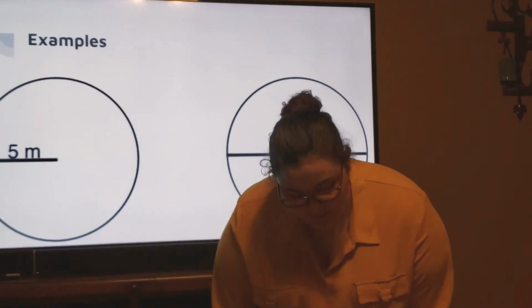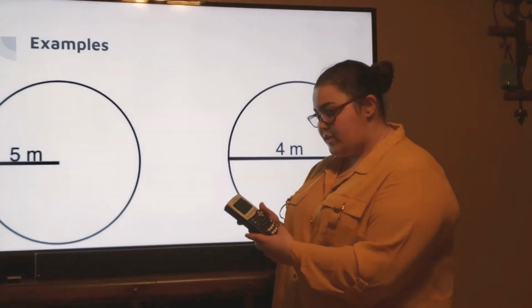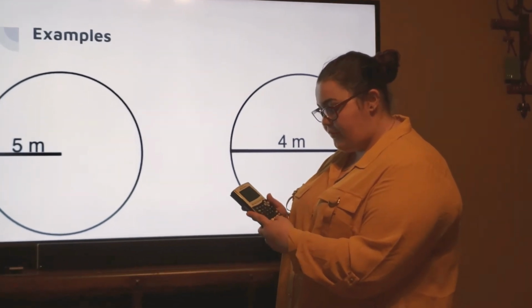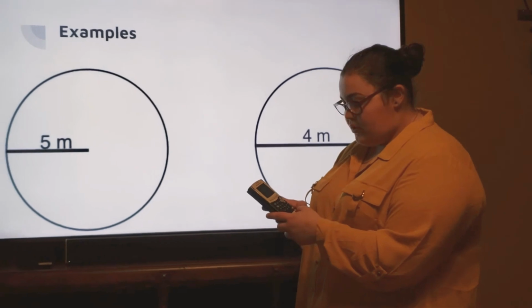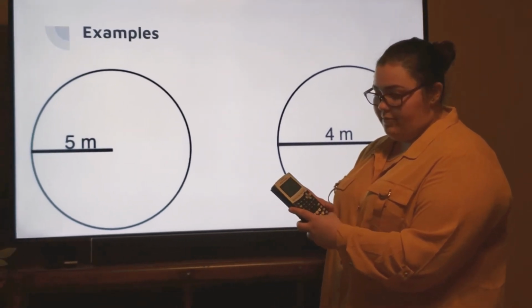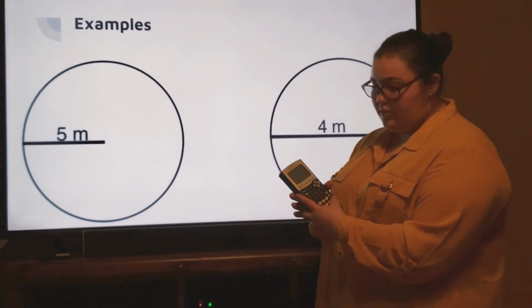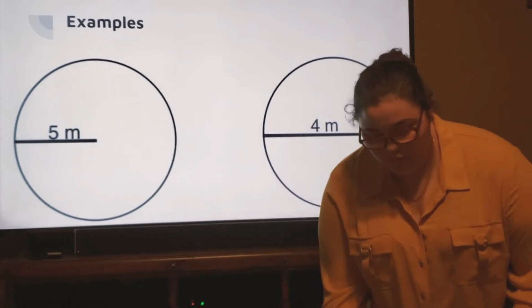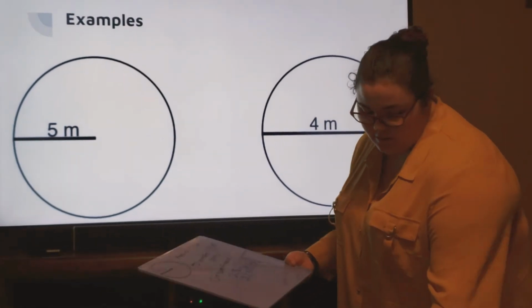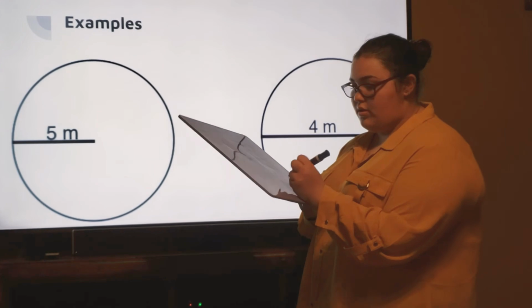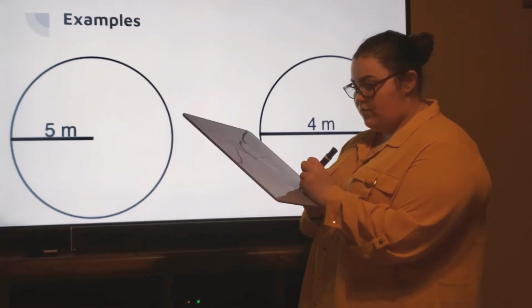I'm just going to type it into the calculator as we see it. So 2 times 3.14, close parentheses, and then times 5. So we're going to get 31.4 meters.